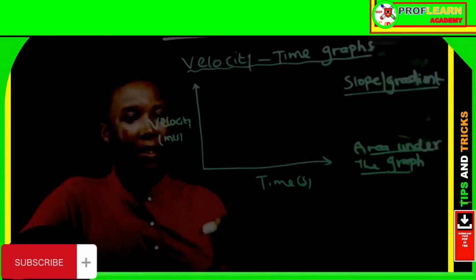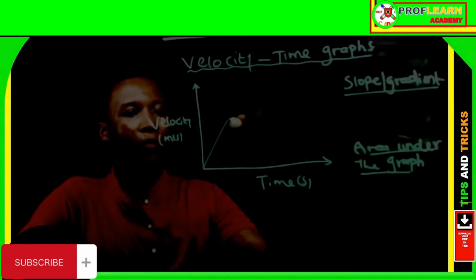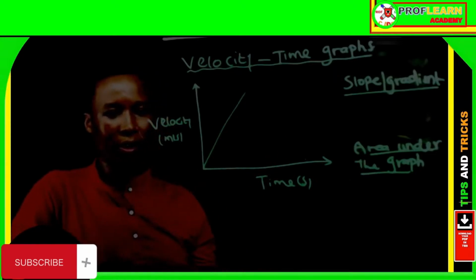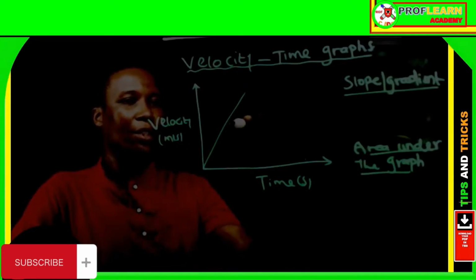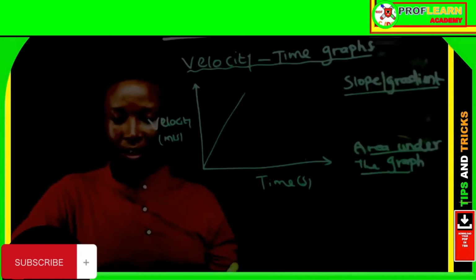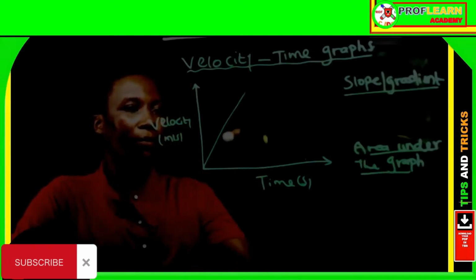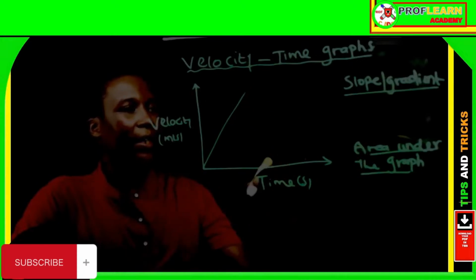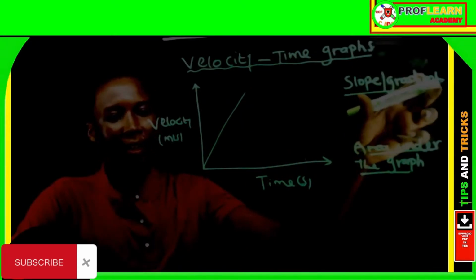Now, before we move into that, let us talk about when you have a straight line like that for a velocity time graph. What does it tell us? This means the object is having constant acceleration. The object is accelerating uniformly. So if you want to find the acceleration of this object, you need to work out the gradient of this line.